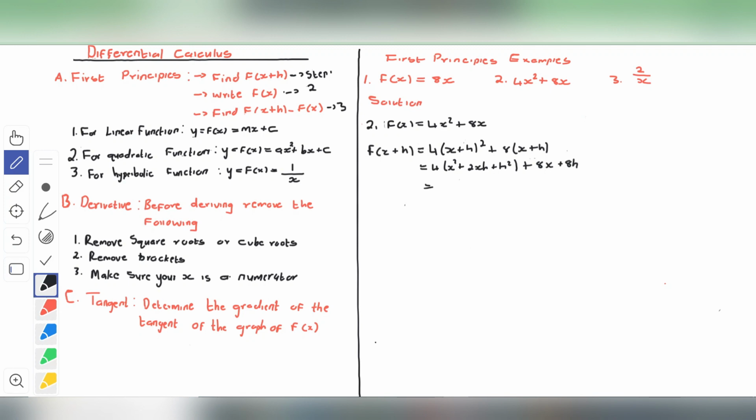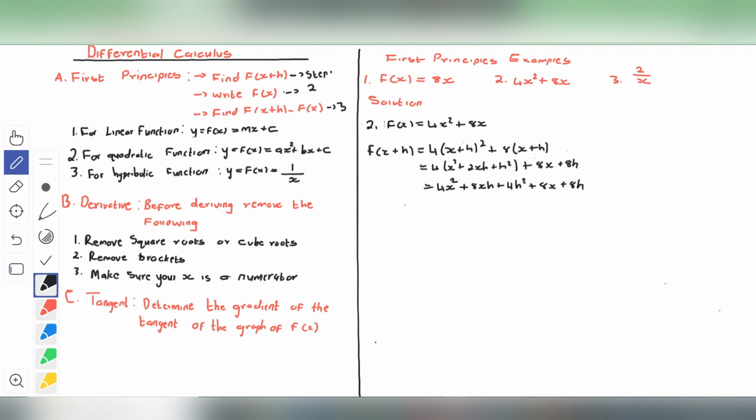Then now we're going to multiply everything by 4 so that we can remove the bracket. We're going to have 4x squared plus 8xh plus 4h squared plus 8x plus 8h. Do we have like terms here? No, we don't have like terms.